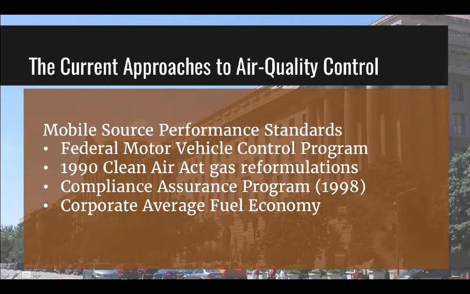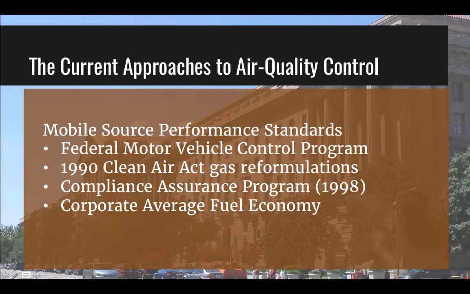Corporate Average Fuel Economy. Congress has also ruled on the amount of fuel that can be used. This is done through the Corporate Average Fuel Economy, or CAFE standards, which measure year average fuel economies for passenger cars and light trucks.